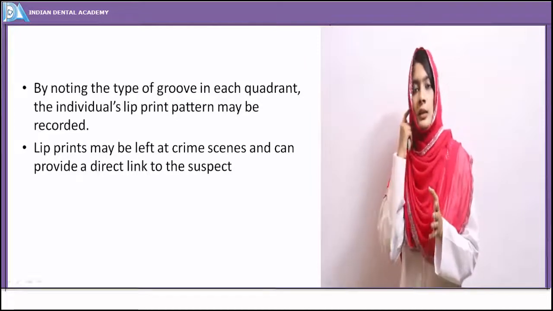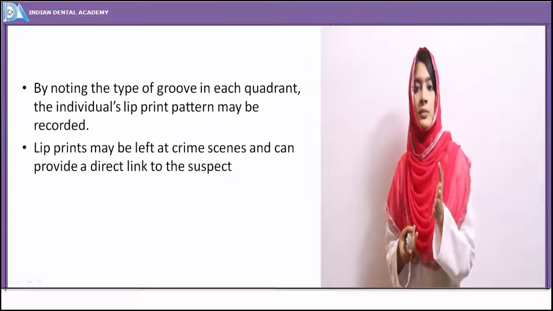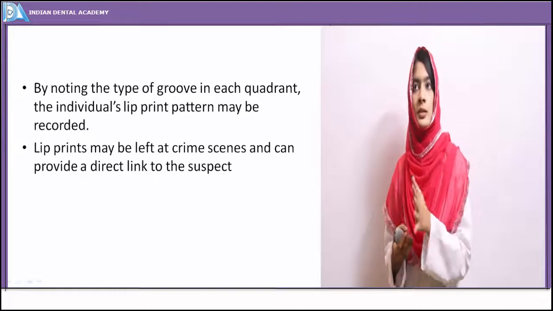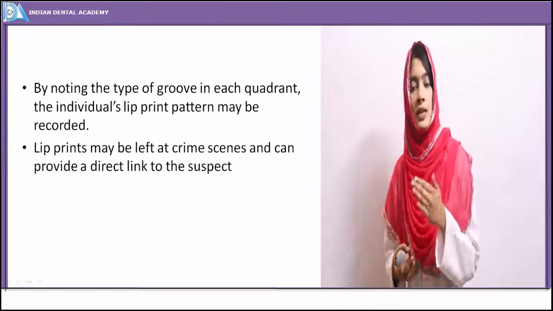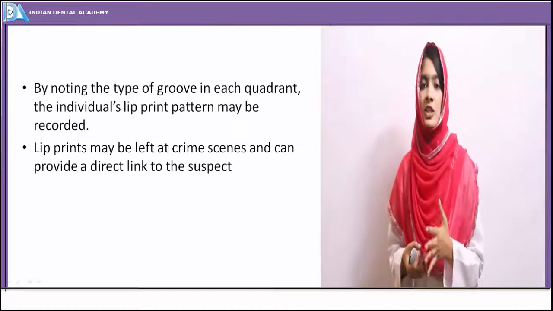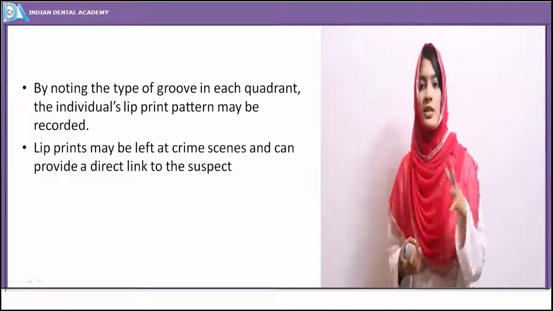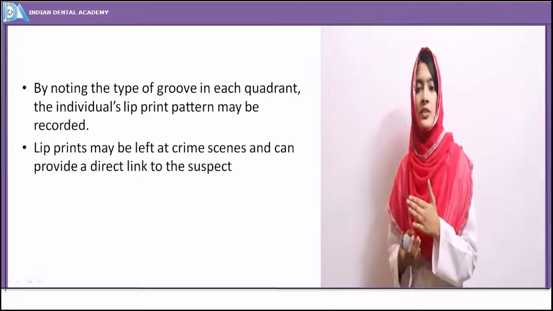Prints left by lipstick that does not leave a mark can also be identified with aluminum oxide powder and magnesium powder. The oil from sebaceous glands is invariably helpful in identifying the lip print.